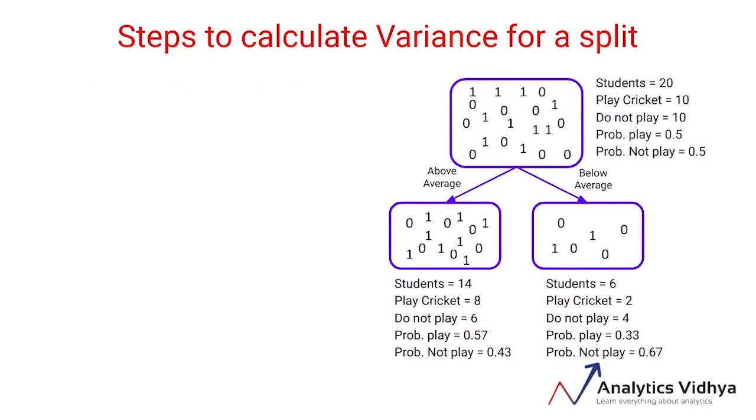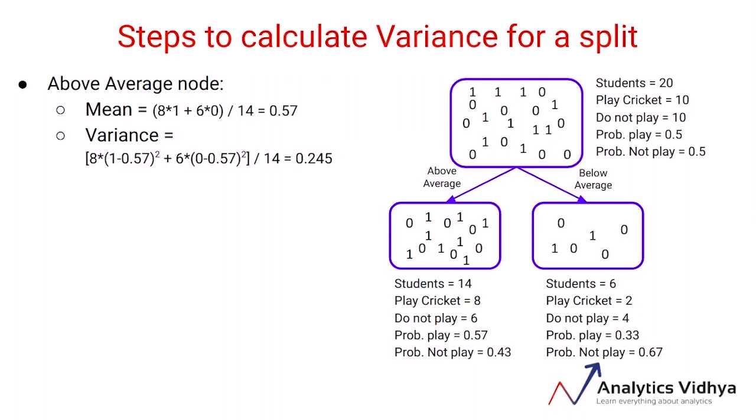So we'll first calculate the variance for the above average node. Since there are 8 1s and 6 zeros in this node, the mean for this node will be 8 times 1 plus 6 times 0 divided by 14, the total number of observations, and the mean is 0.57.